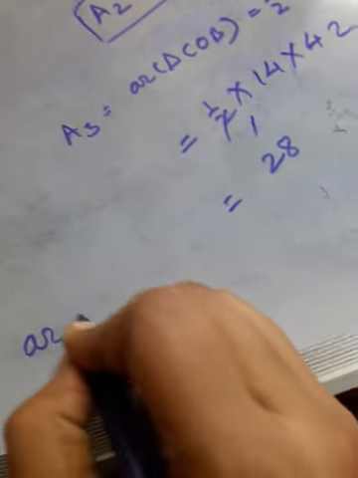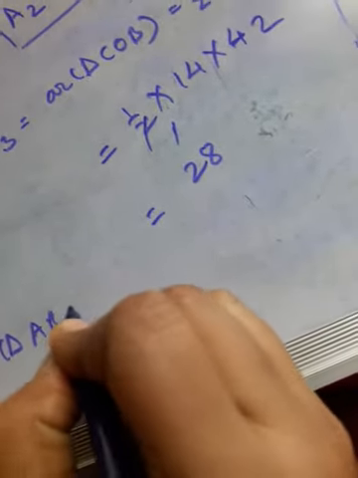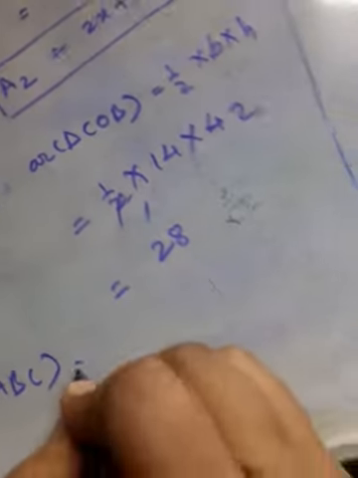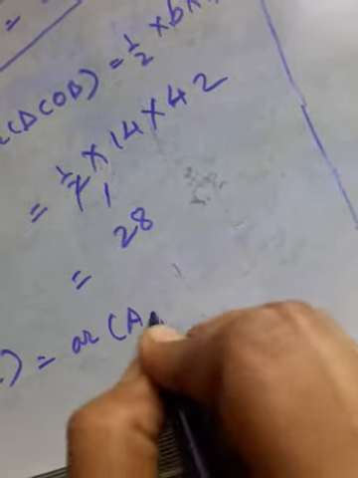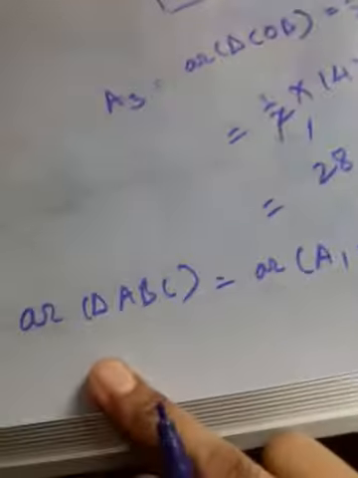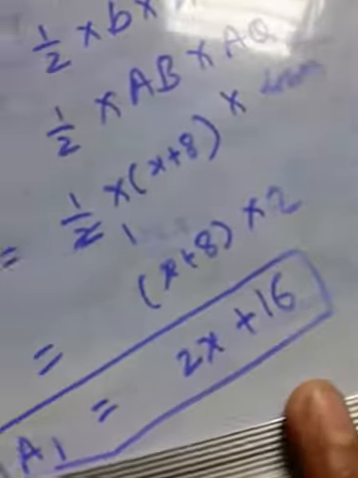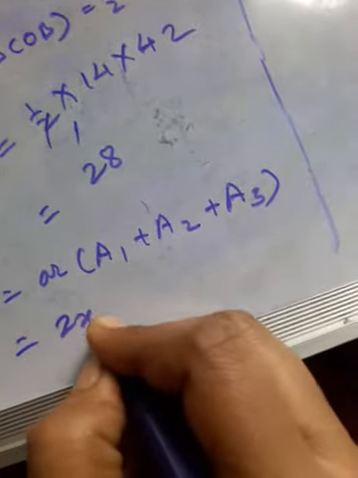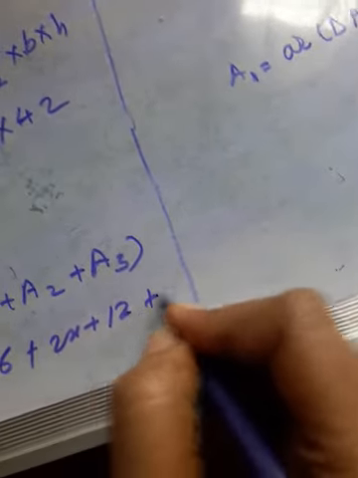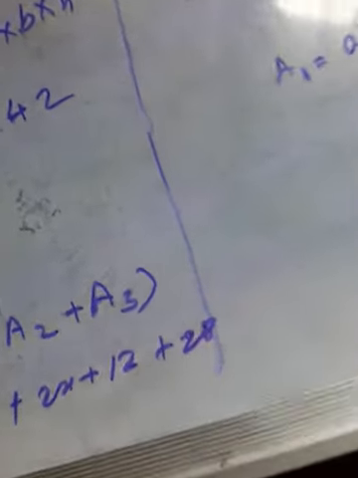Now we add the areas: for the whole triangle ABC, A1 plus A2 plus A3 gives the area of triangle ABC. A1 is 2x plus 16, A2 is 2x plus 12, and A3 is 28.